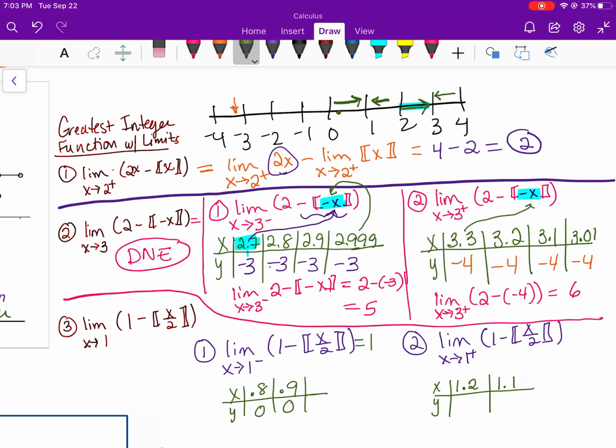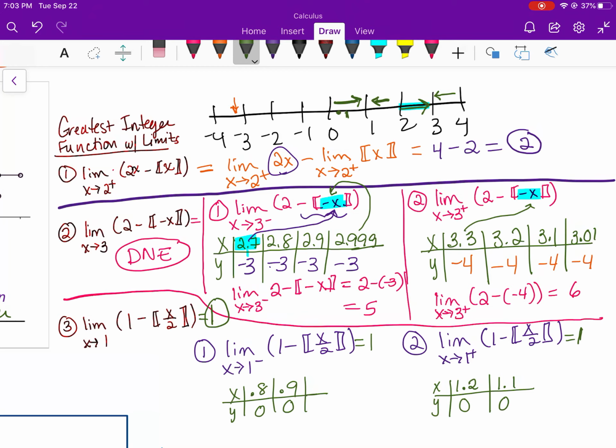And I'm going to cut that in half. So half of 1.2 is what, 0.6? And if I take 0.6 and I put it on my number line, it's right here, and that goes back to 0 also. So this is also going to be 1 minus 0, which is 1.